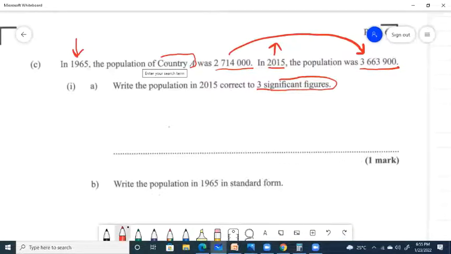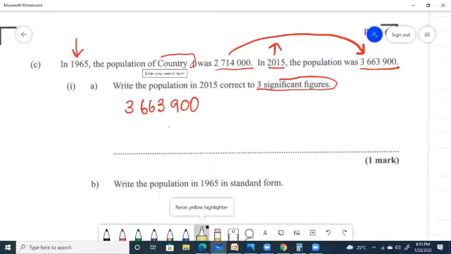So let us take it out and look at it: 3, 6, 6, 3, 9, 0, 0. We're talking about 3 significant figures. Remember that all digits are significant except zeros, which may or may not be significant.